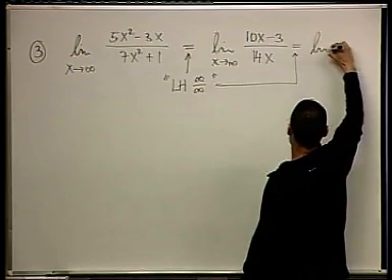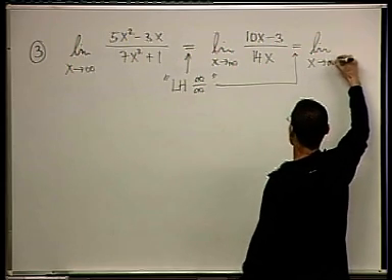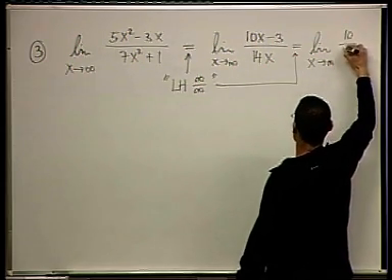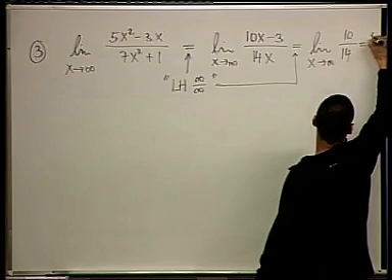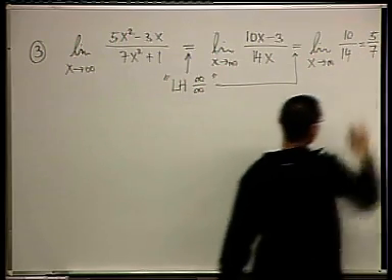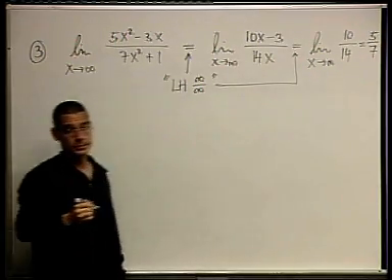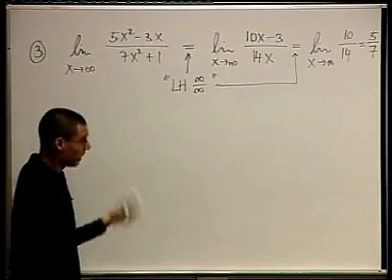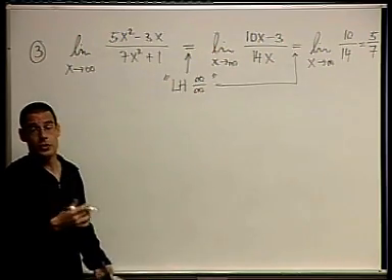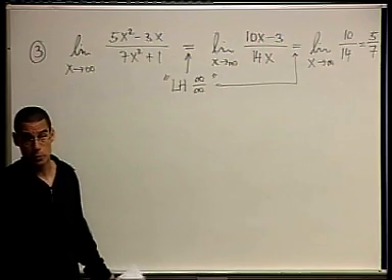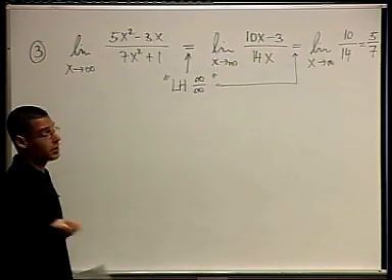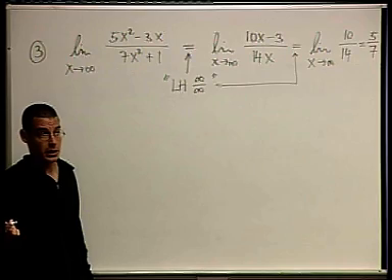And we're going to get the limit as x goes to infinity of 10 over 14, and now we're finally done. Okay, so this is an example where L'Hopital does not help us do something we didn't know how to do before. And it's not easier or harder, it's just a different way of doing it.